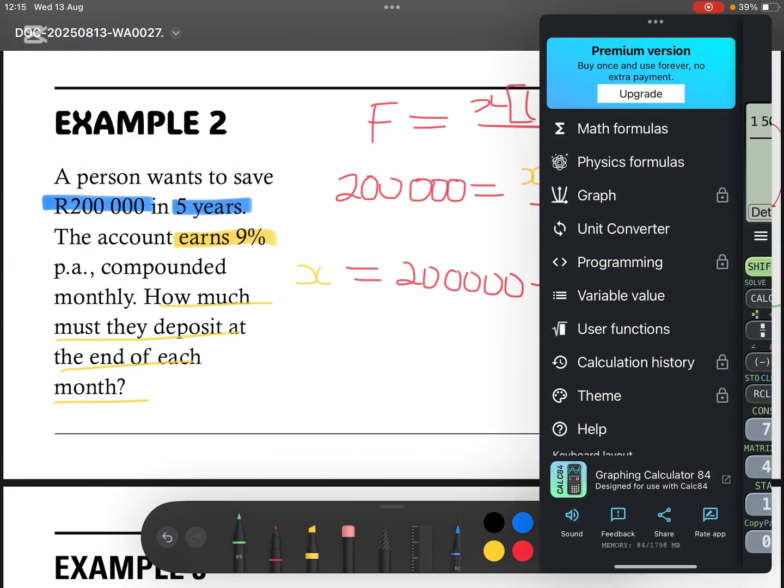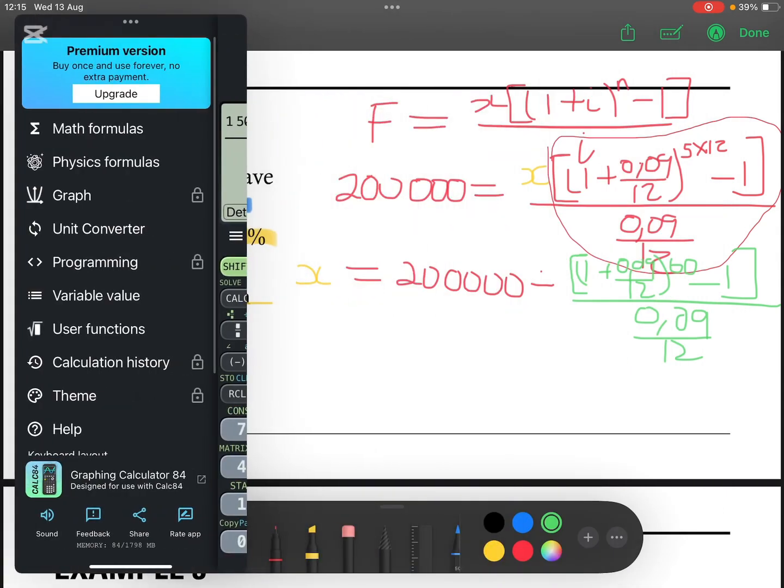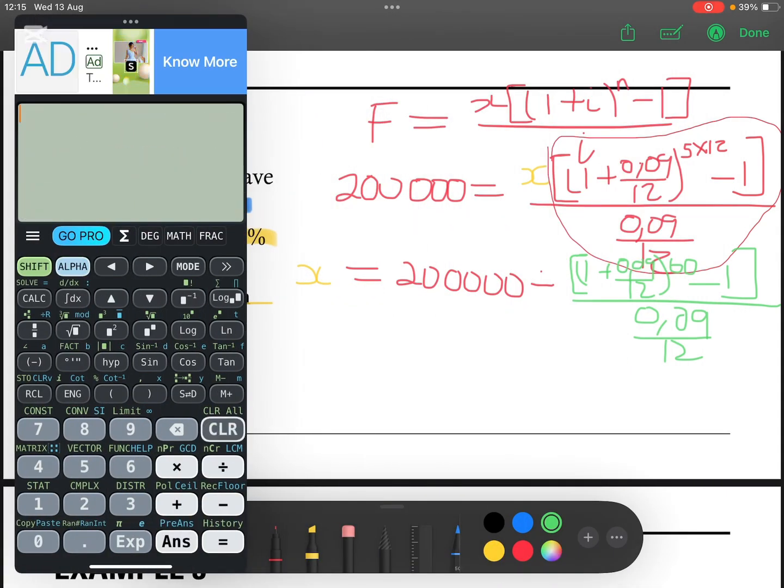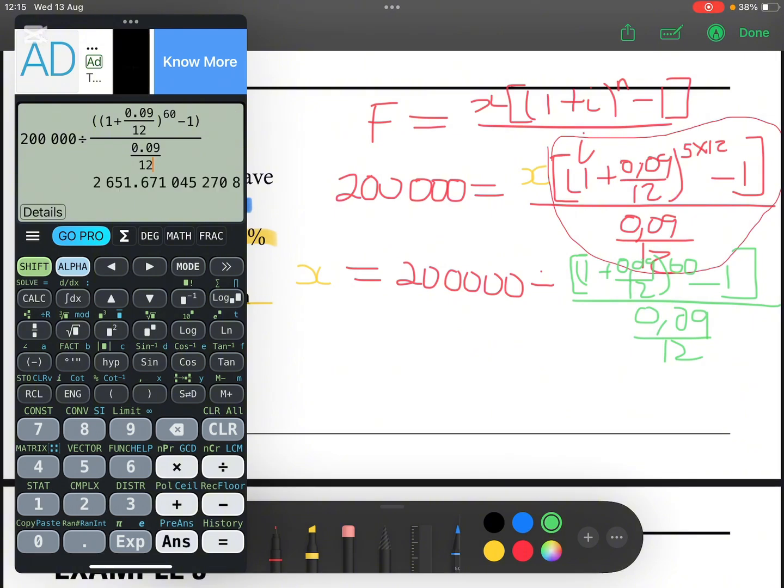So by doing that, then you will be able to find the value of X. Let's press the calculator and see what is the value of X. Okay, so we have 200,000 divided by into 1 plus 0.09 divided by 12. Close the bracket to the power of 60, and then subtract 1, and then you close the bracket again, and then that is divided by 0.09 divided by 12.